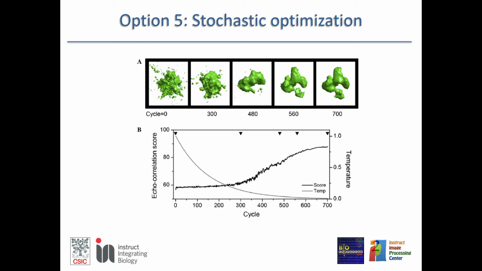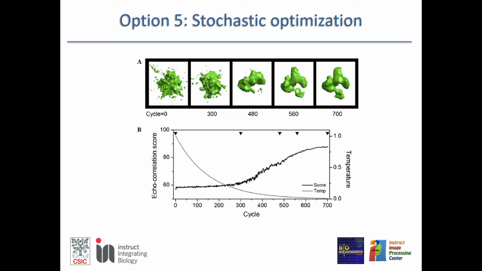This probability that tells you whether to keep a worse position or not is related to something called the temperature. And the temperature at the beginning is very high. That is why the algorithm is called simulated annealing, because it tries to simulate the way that a metal or a crystal anneals with the temperature.